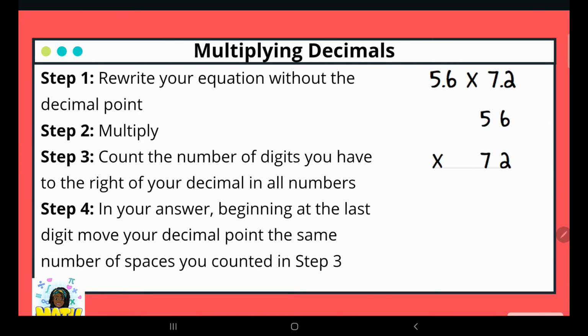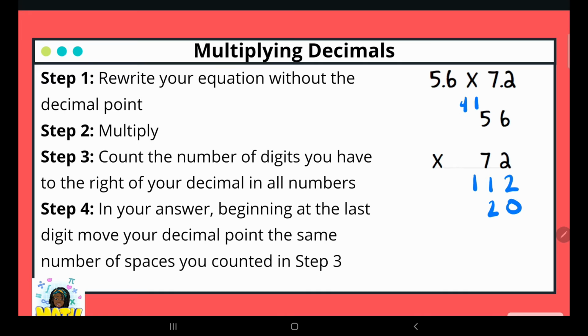Now let's take a look at multiplying decimals. Whenever you're multiplying decimals, you can stack your numbers and pretend like the decimals do not exist. So we're going to look at 5.6 as 56 and 7.2 as 72. Now let's do our multiplication. 2 times 6 is 12. 2 times 5 is 10 plus 1 is 11. 7 times 6 is 42.